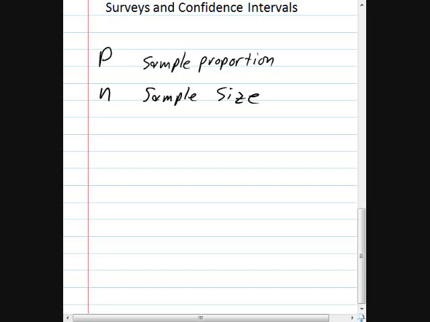So a survey needs something else, and what it needs is a confidence interval. And to find the confidence interval, we need to decide on a confidence level for our statistic. We'll let alpha stand for our confidence level. With P, N, and alpha, we can construct what's called a confidence interval.